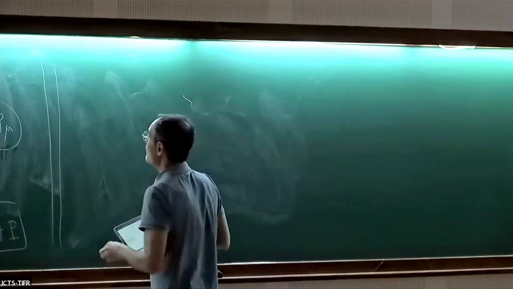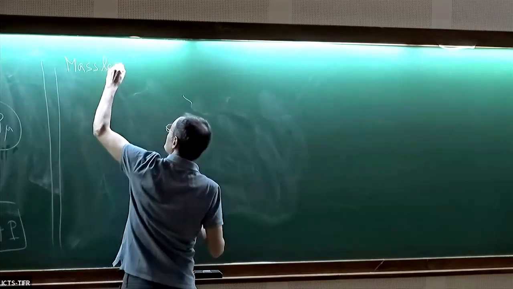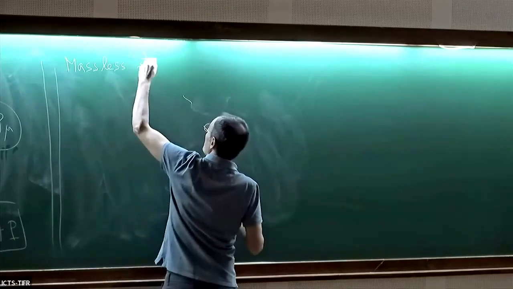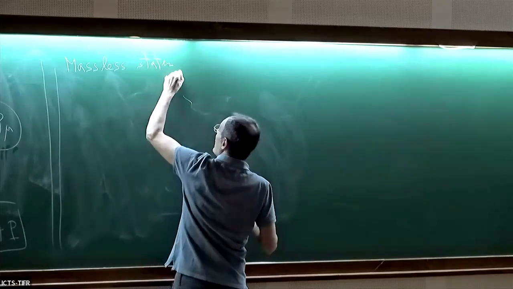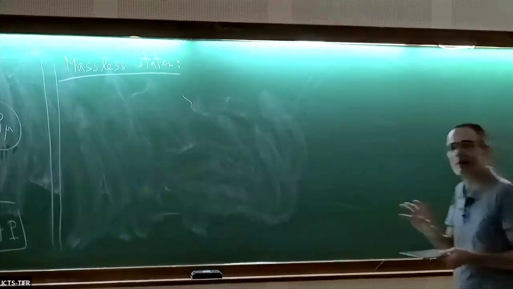Now from now on, I consider massless states. I have to admit that the on-shell methods are very simple for massless particles, and become a little more complicated when you go to massive particles.